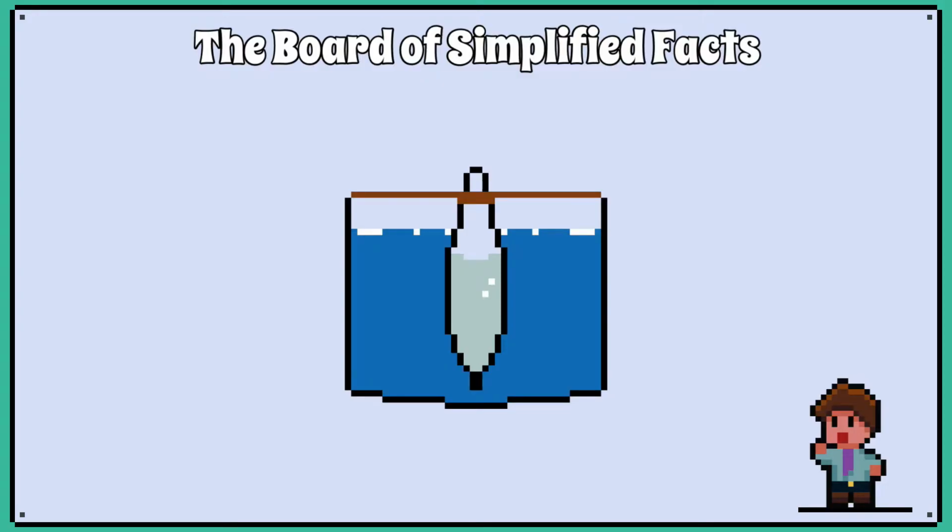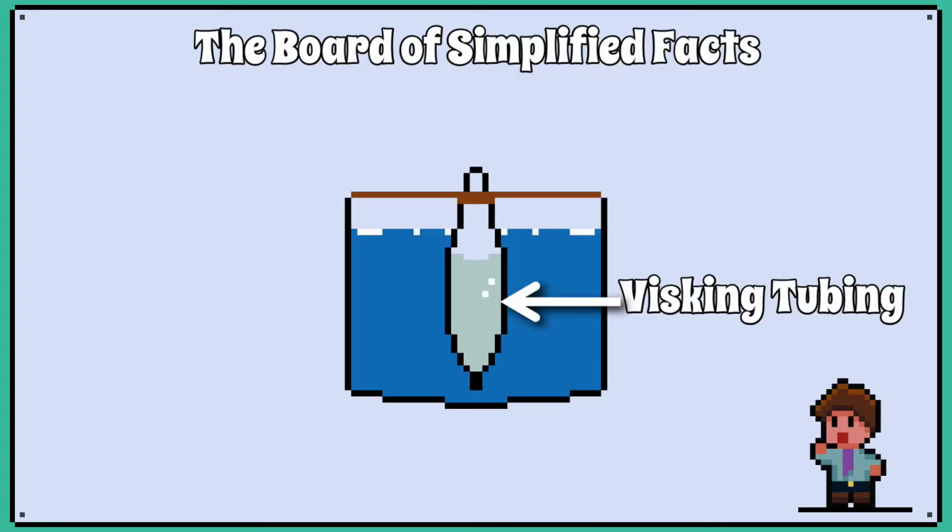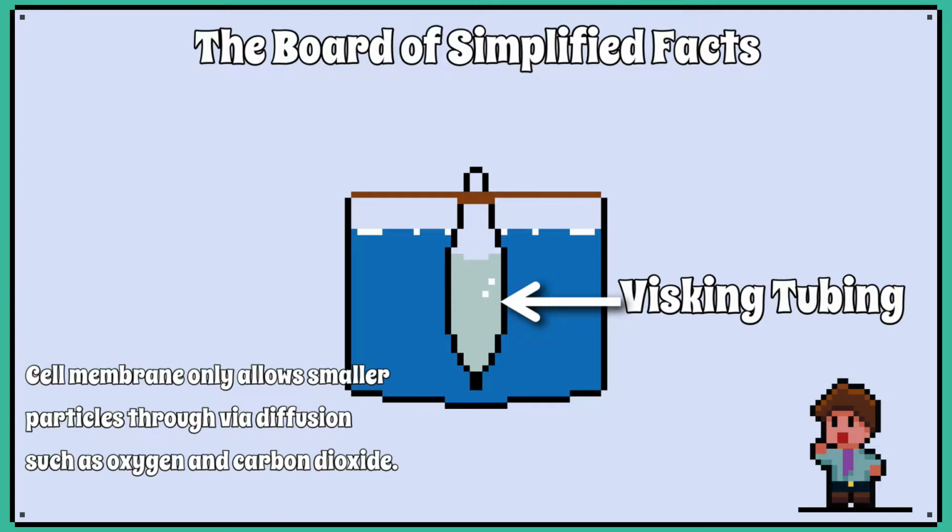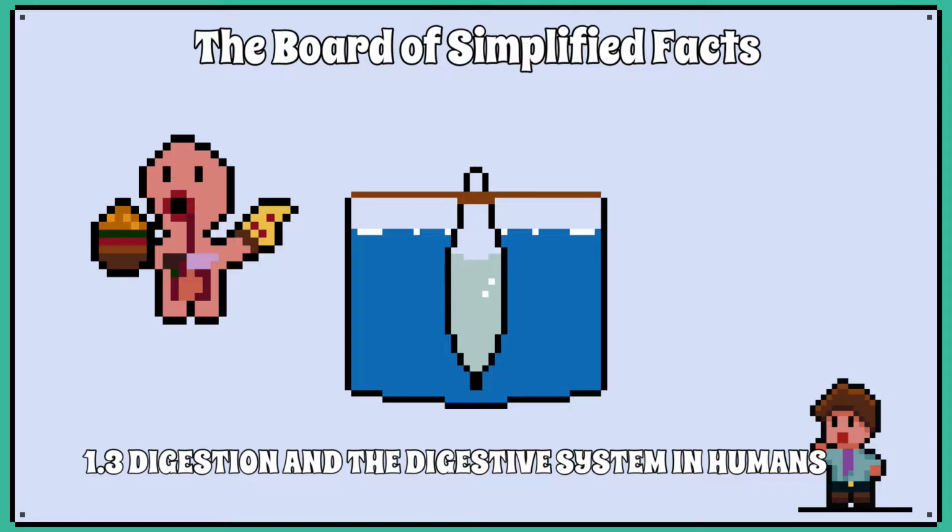A practical experiment using visking tubing can also demonstrate how the cell membrane only allows smaller particles through via diffusion. We will revisit this experiment in more detail in the 1.3 topic on digestion.